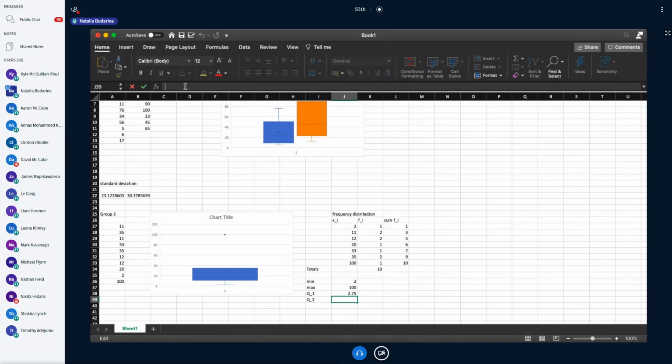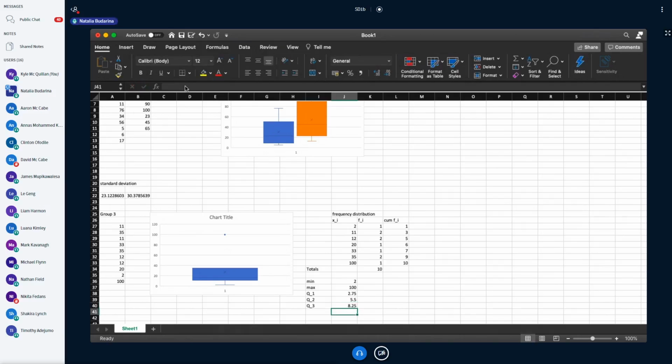Now we will use weights for these things. So for Q2, I need to take 11 over 2. And for Q3, if you remember, I need 3 multiplied by n plus 1, which is 11, divided by 4. Three quarters of n plus 1.